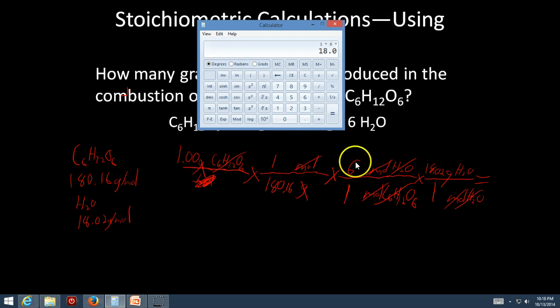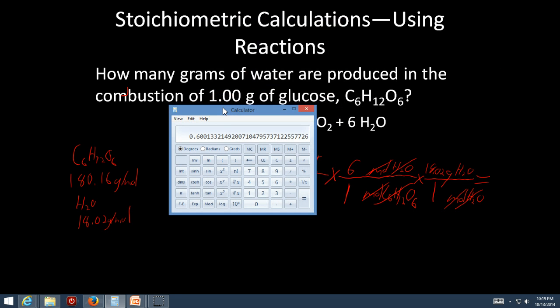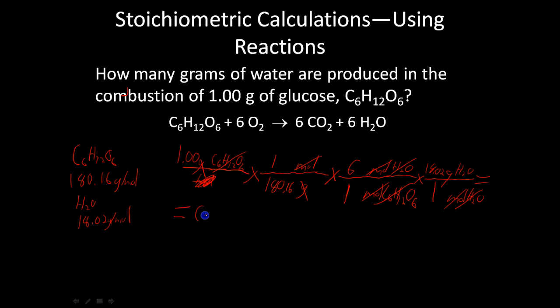Times 18.02 divided by everything on the bottom, 180.16. And that would give us our mass in grams. And so we say it's 6.001. If we look at our original mass that was given, it was 1.00, so we only need 3 sig figs. So we say that we end up with 0.600 grams of H2O.